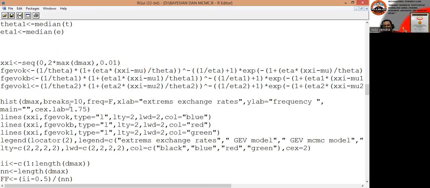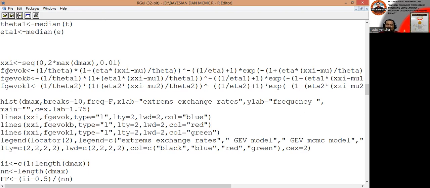It means we have a long series of data starting from 0, then 0.01, then 0.02, until 2 multiplied by the maximum data. You can imagine that we have a long series of data.